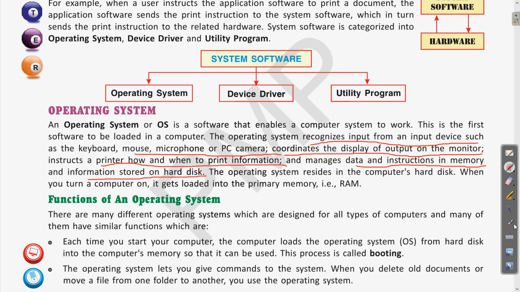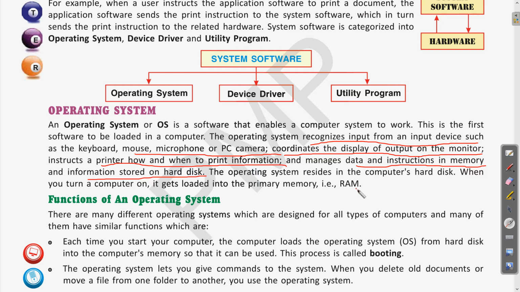Further, let us see. The operating system resides in the computer hard disk. When you turn a computer on, it gets loaded in the primary memory, that is RAM. Is it clear that whatever operating system you are using is also installed on the hard disk?